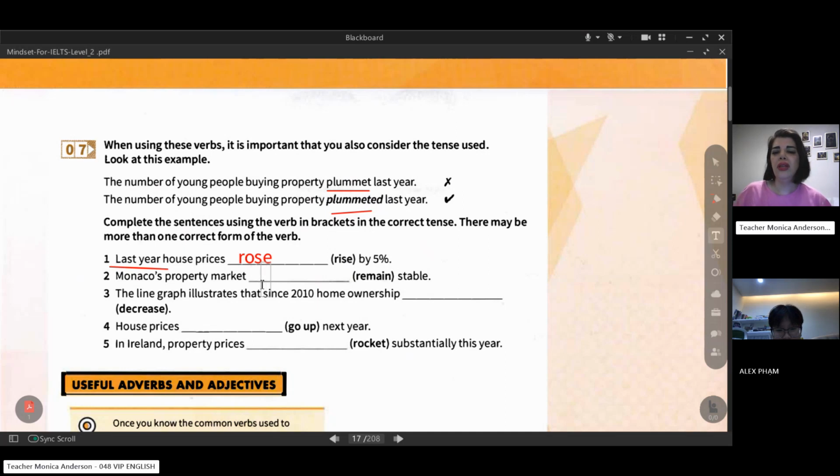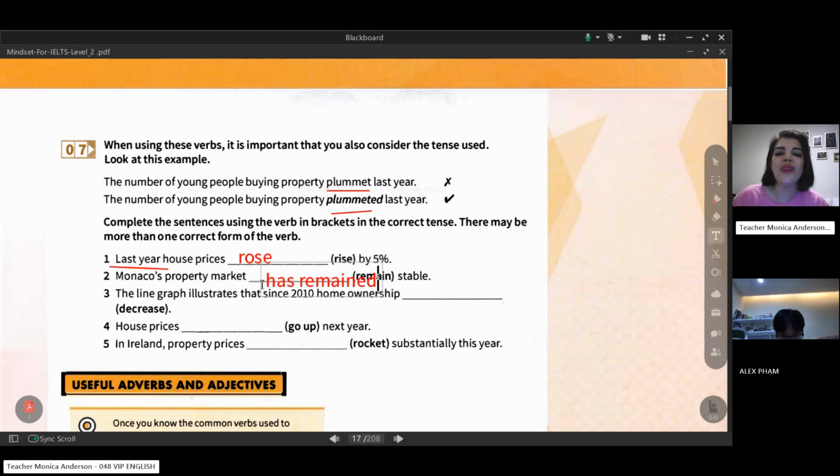Remains. Remains is good because it's something like a general fact, so you can use present simple. Remains is good, and you can also use has remained. So stable, present perfect. The time is not mentioned, so you can use present perfect or present simple.